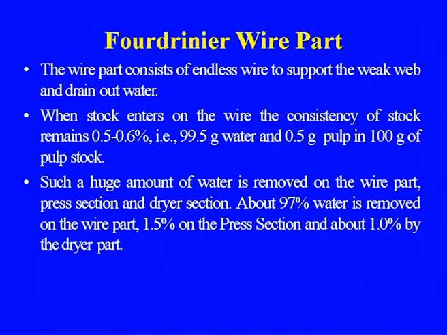Now come to some detail of the Fourdrinier machine, because that is very important. The wire part consists of the endless wire to support the weak web, because the weak web means the pulp which is draining out water.